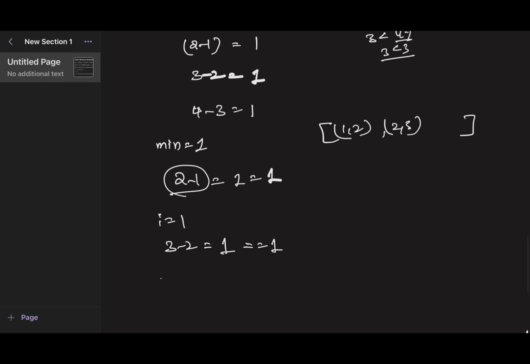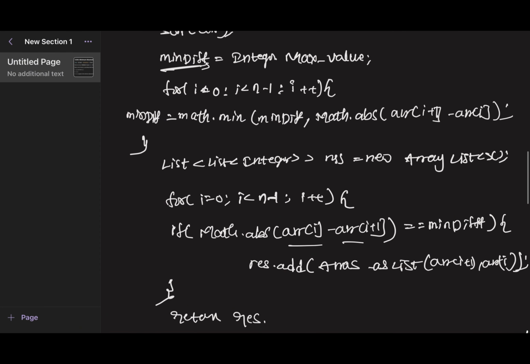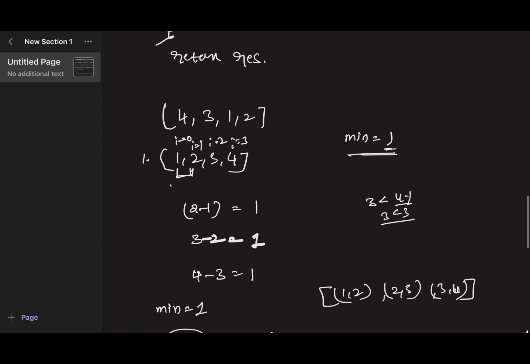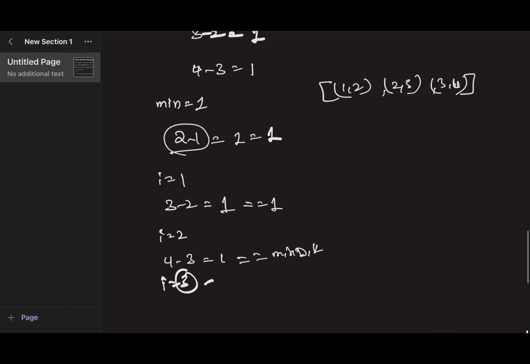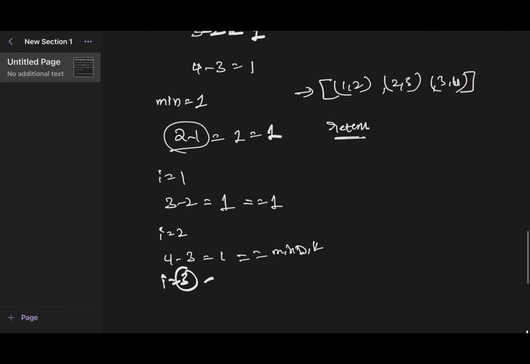And when i is equal to 2, 4 minus 3, which is 1, is double equals to minimum difference, so we'll add this pair also, 3, 4. And when i is equal to 3, it doesn't satisfy this condition, so the loop will be terminated, and we got this in the results, and we will return the results. Okay, now let's code it.